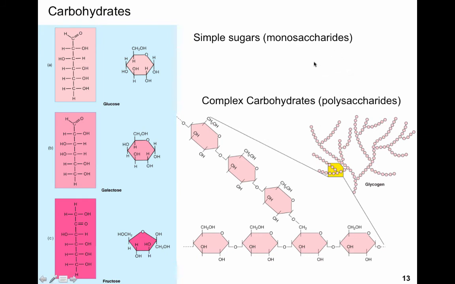A saccharide is a sugar, and polysaccharides can be structural molecules like the cell walls of plants, and they can also be energy storage molecules like starch in plants and glycogen in animals like us. And mainly, carbohydrates are important for energy usage in cells.